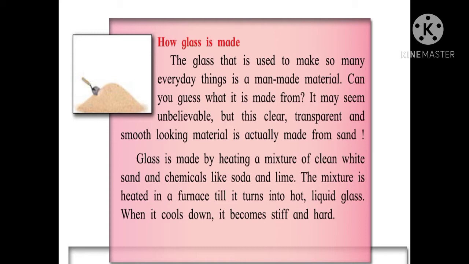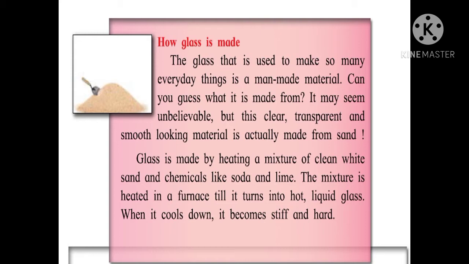Dear children, the glass which we see around in our house is a man-made material because it is made by man through a chemical process. And you cannot believe it, I think when I tell you, you will not believe. That's the reason it is said it may seem unbelievable. But it is the truth that it is made from sand.